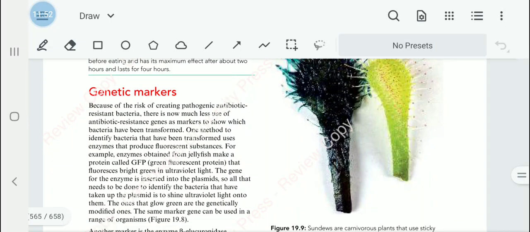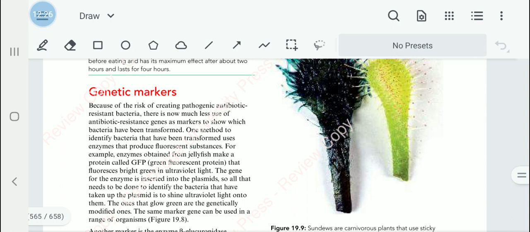Write down: genetic markers. Because of the risk of creating pathogenic antibiotic-resistant bacteria, the use of antibiotic resistance genes as markers is no longer carried out.